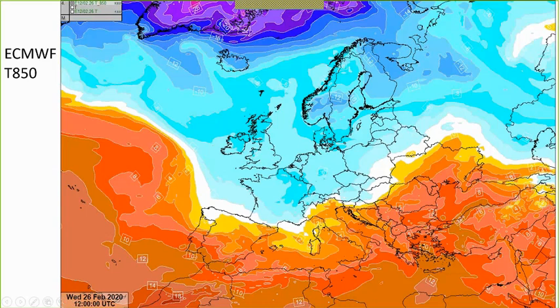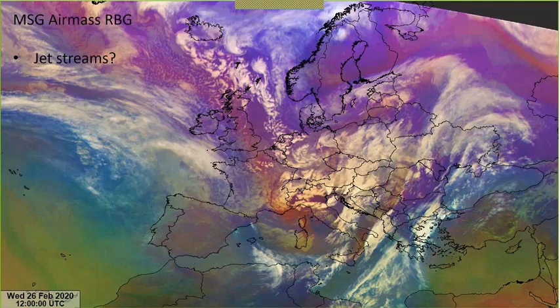We have the 0-degree line here. So it was really good answers that you gave. And you found from the air mass image. Good.